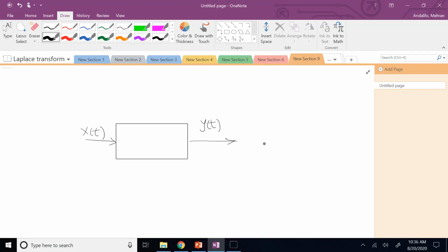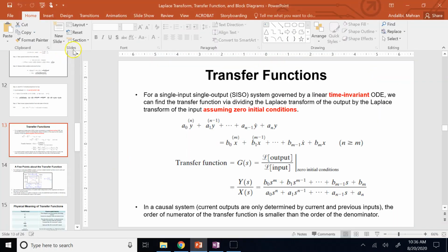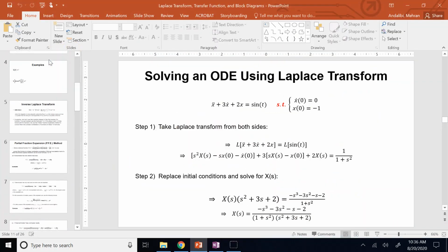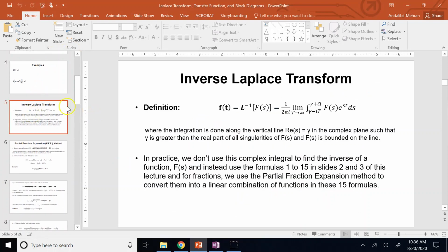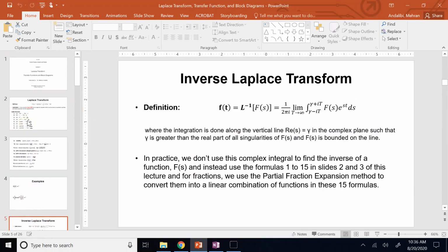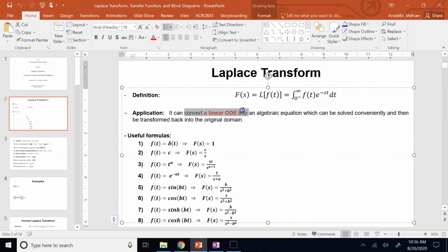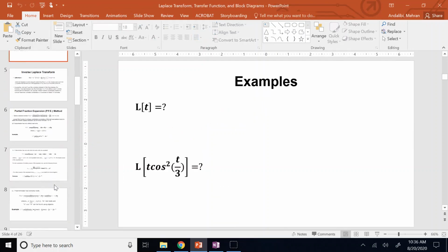Just refresh your minds. By the way, as we saw last time, the Laplace transform is used to solve differential equations, but the main point was what? Laplace transform can only act on linear differential equations. If you have a nonlinear differential equation, you cannot apply Laplace transform to it.